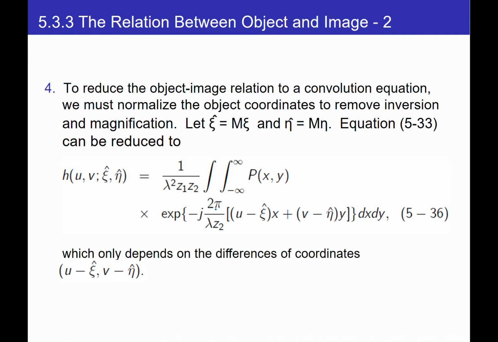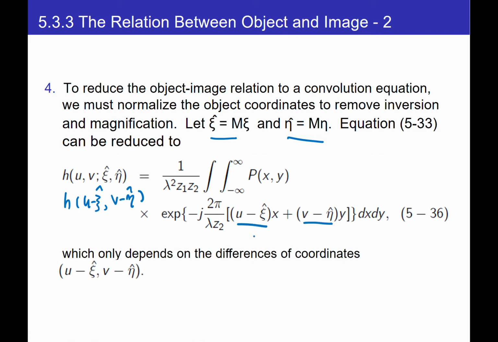And then we have to change the coordinate once again, and then we get this relationship. Okay, and you get H of u minus xi, v minus eta, because only this function is given here.